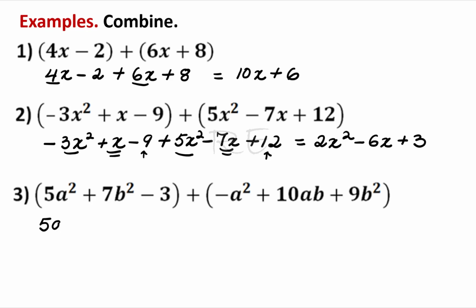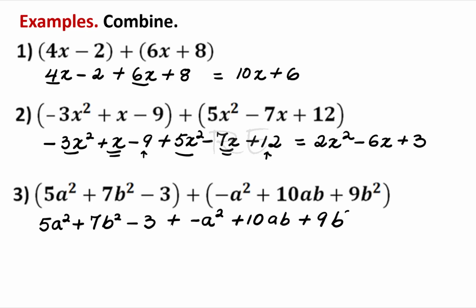We'll drop the parentheses. 5a squared plus 7b squared minus 3. And there's a plus sign in front of the parentheses. We'll drop the second one. Minus a squared plus 10ab plus 9b squared. 5a squared minus a squared, 4a squared. 7b squared plus 9b squared, 16b squared.